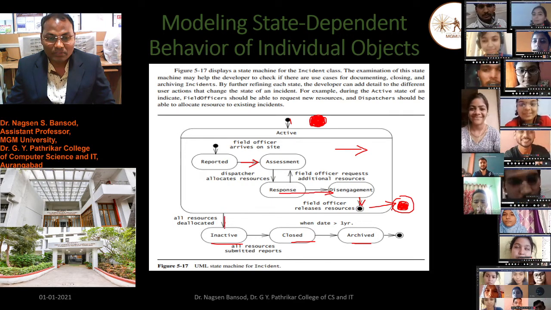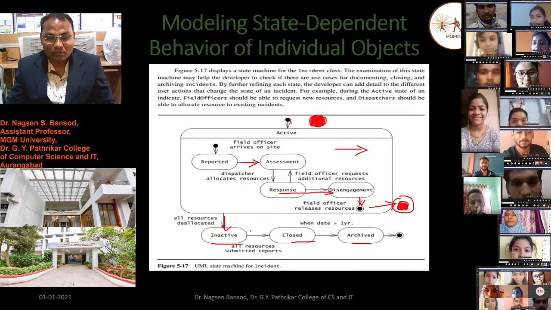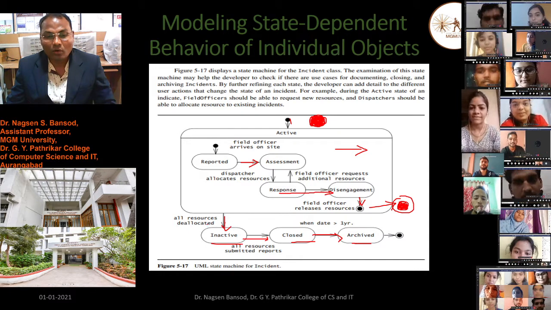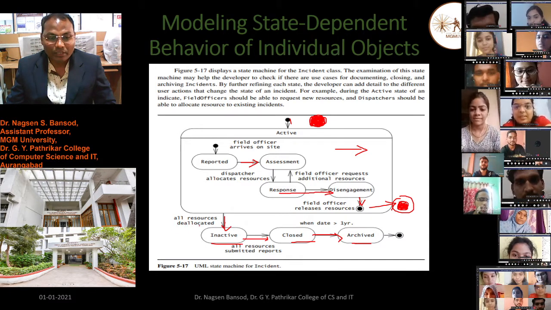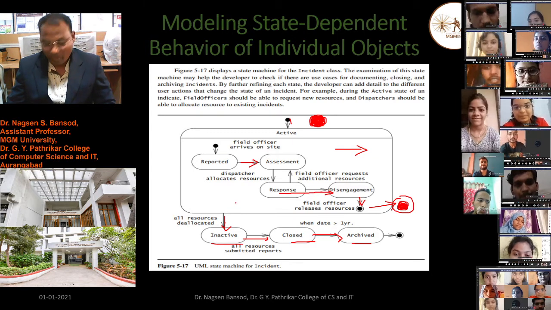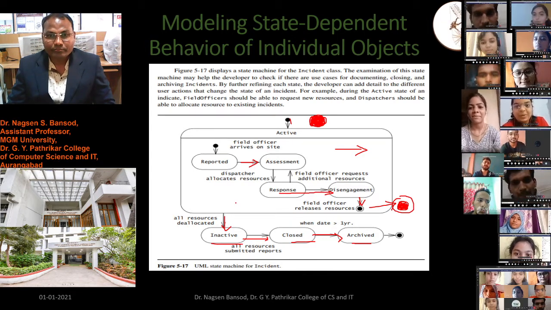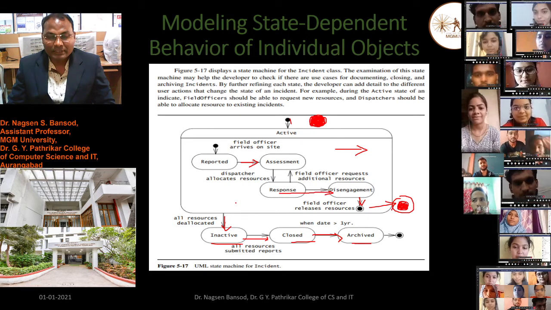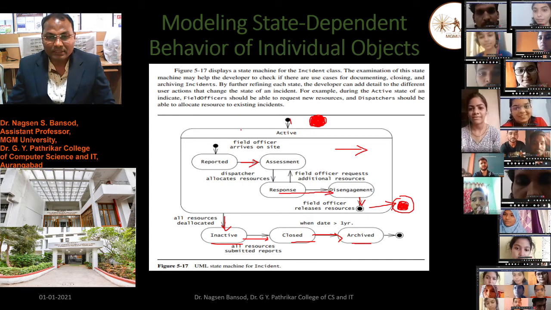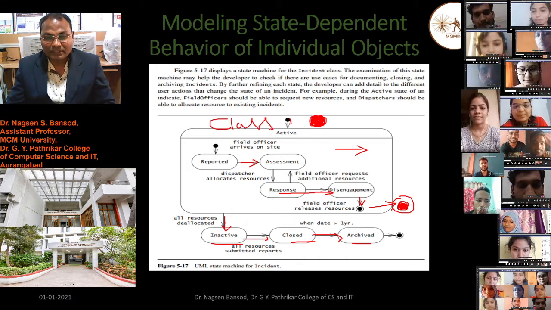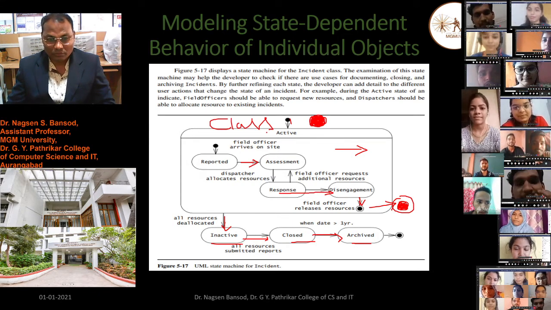Another state will start, close and archive. Again we collect all the deallocated resources. In this state machine diagram, the flow of the incident class is shown.